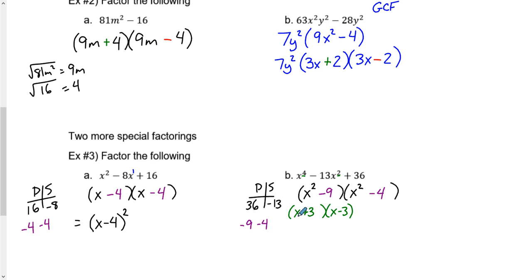Square root of x squared is x, square root of 9 is 3. One's positive, one's negative. The square root of x squared is x. Square root of 4 is 2. X and 2. One's positive, one's negative.